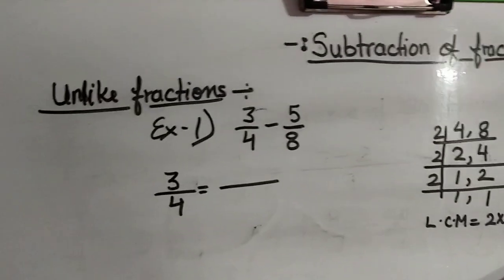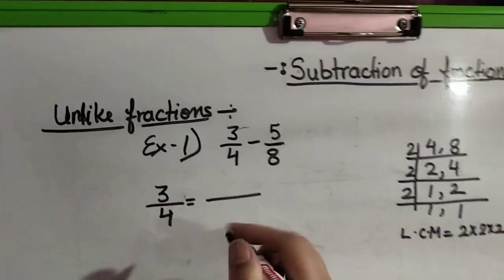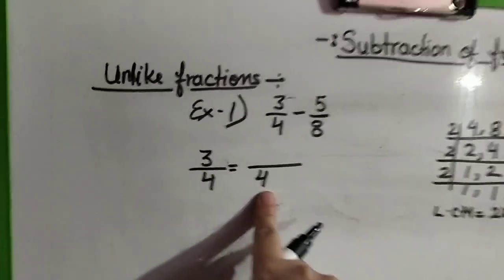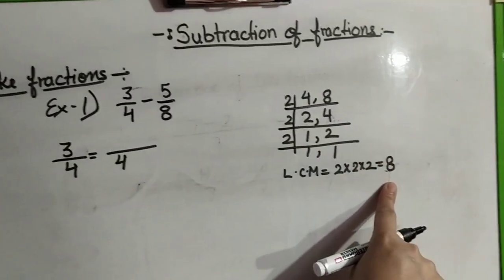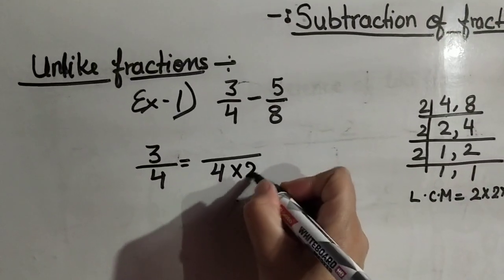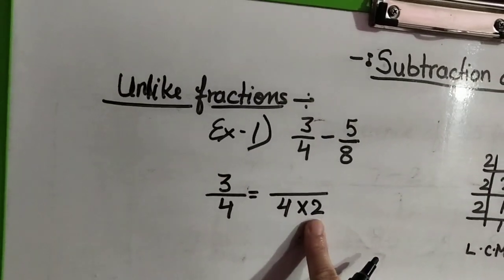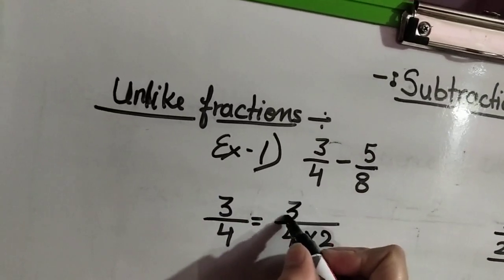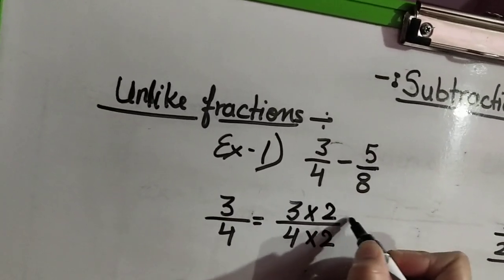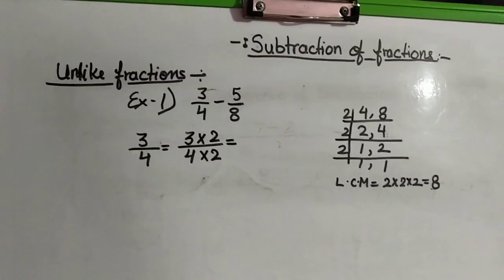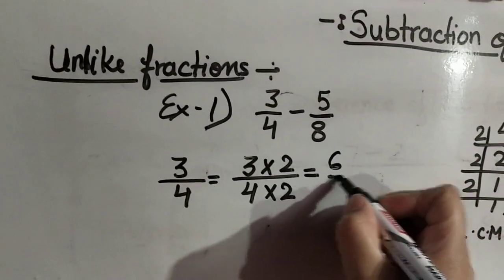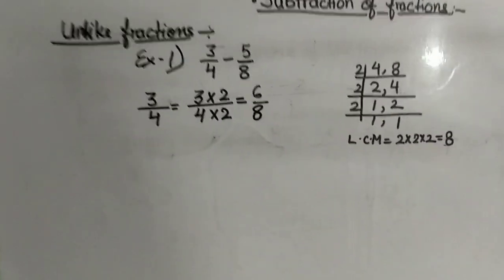How will we do this? By equivalent fractions. By what will we multiply 4 to get 8? 4 multiplied by 2 equals 8. If we multiply by 2 in the denominator, then by the same number, 2, we multiply in the numerator also. 3 2s are 6, 4 2s are 8.